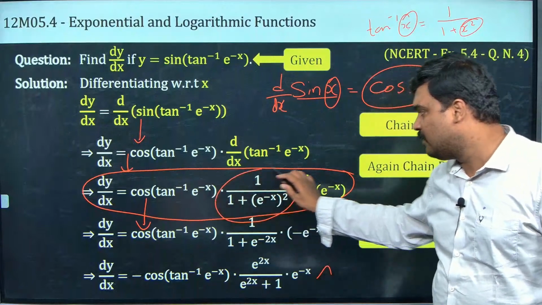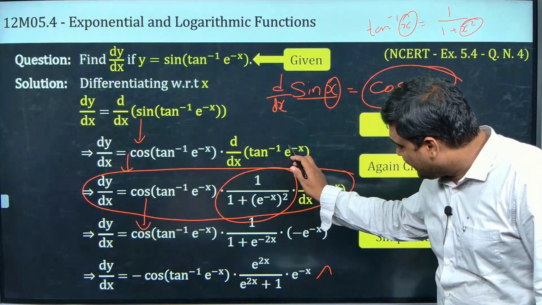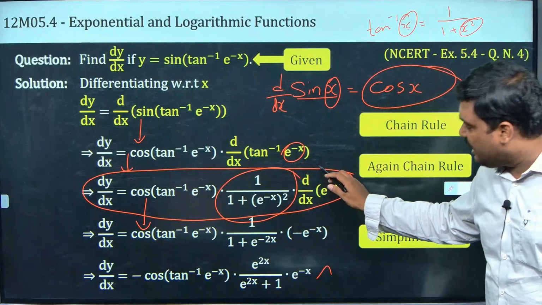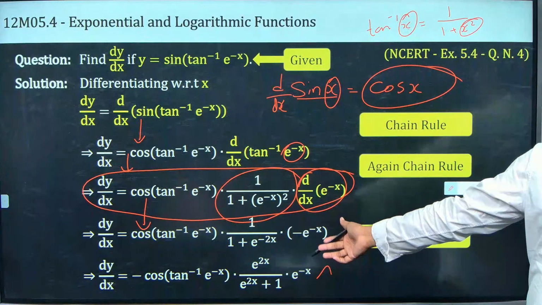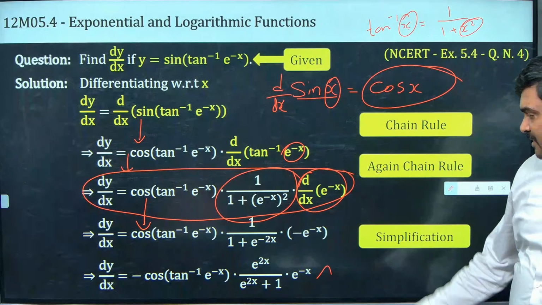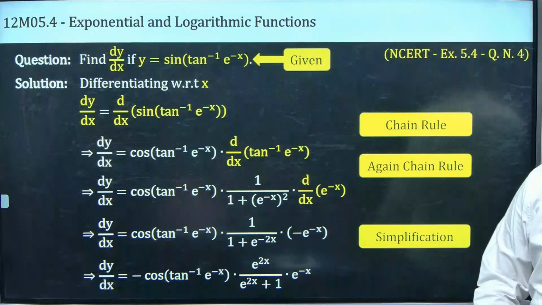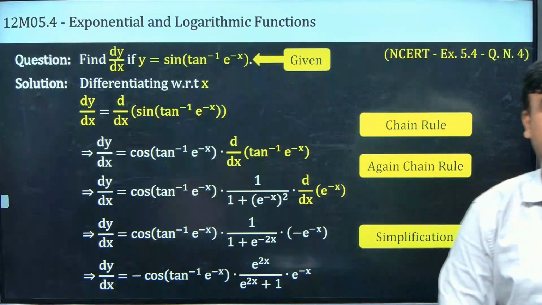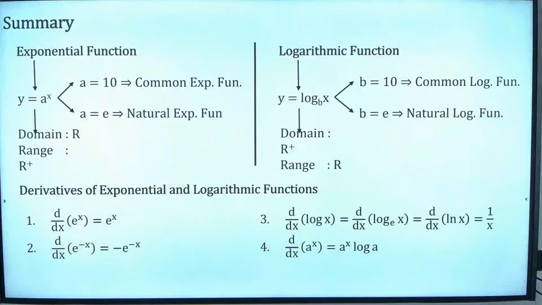Now in the place of x I add e power minus x, so I will differentiate e power minus x separately and write near to that. Clear? Yes, sir. See, by practice this has to come like your addition and subtraction. I don't know how strong you are in addition and subtraction, but like that it should come.